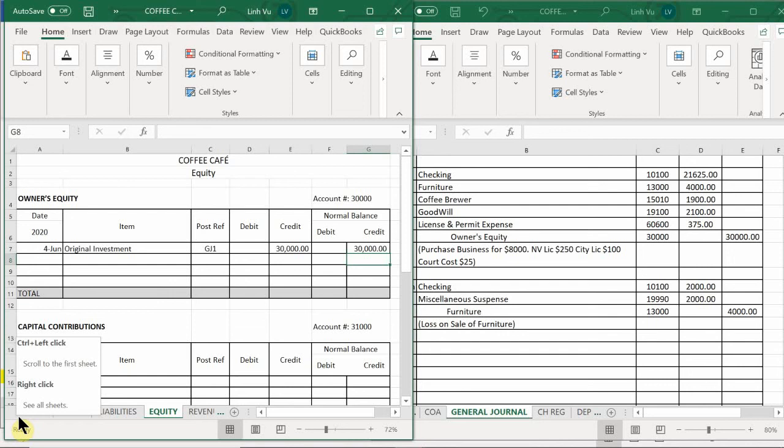Because I don't want you, if let's say I have a checking account and then I have a bunch of other assets, or an expense account and then an asset and then a liability, I want you to do it in the exact order this way. So one, you don't get confused, and two, you don't skip around things, because that's one of the most common mistakes that students make.